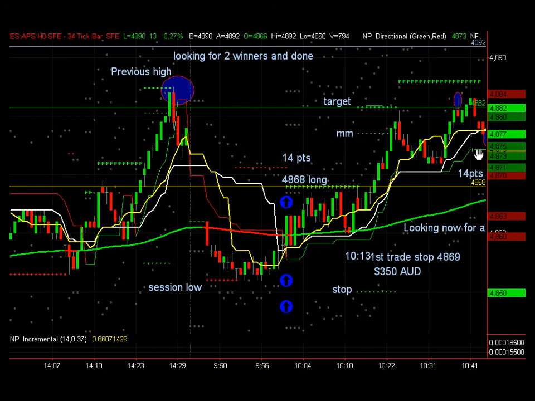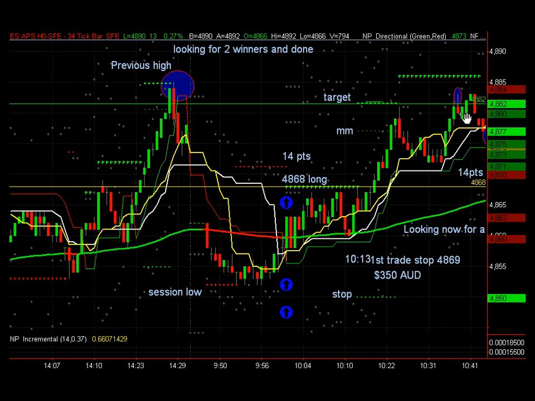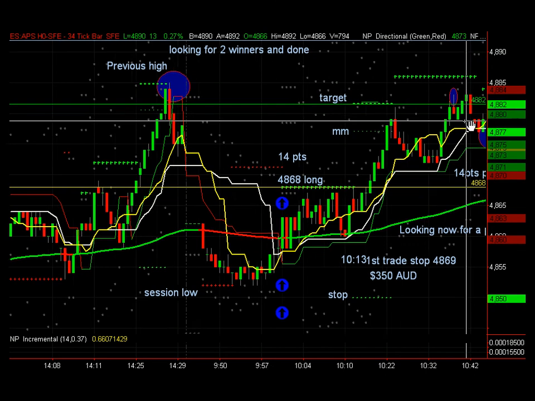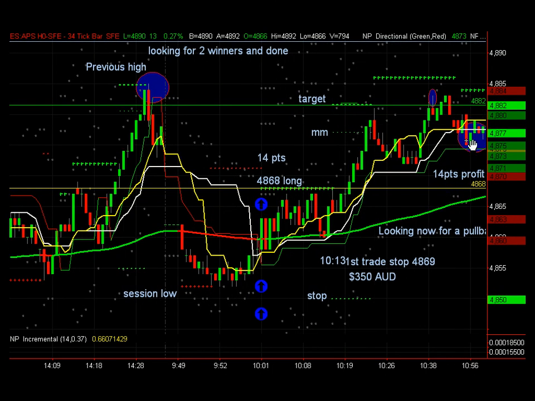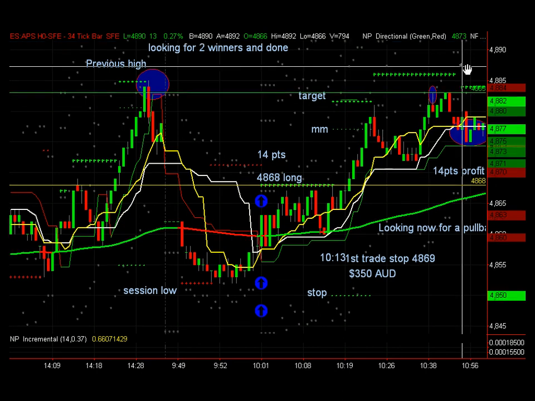Now we're looking for a re-entry setup, so we need price to come back and close either inside or below both of these momentum indicators, and you see that we clearly get a close below. Price pushes back above those indicators at 10:50, and that gives us a potential long setup at 48.83.